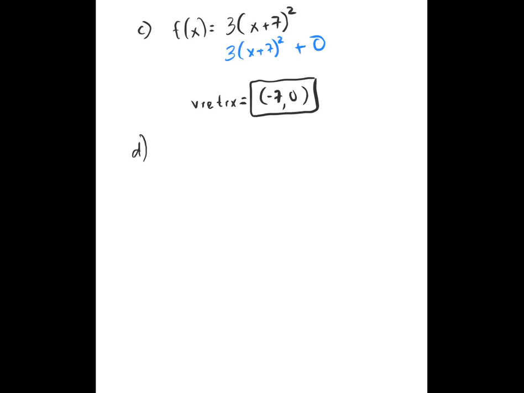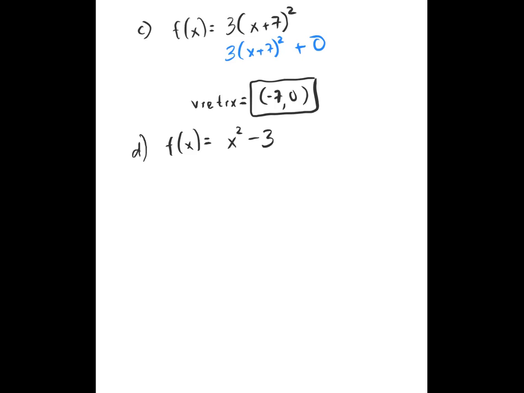And how about one last one? This one's a little interesting, isn't it? Why is this one interesting?